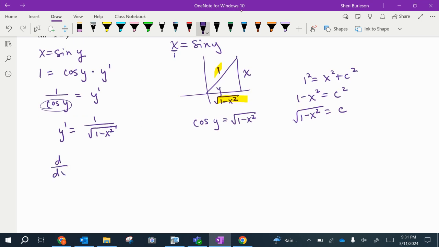So what that means is the derivative of inverse sine of x is 1 over the square root of 1 minus x squared. I needed the derivative of inverse sine of x in terms of x.